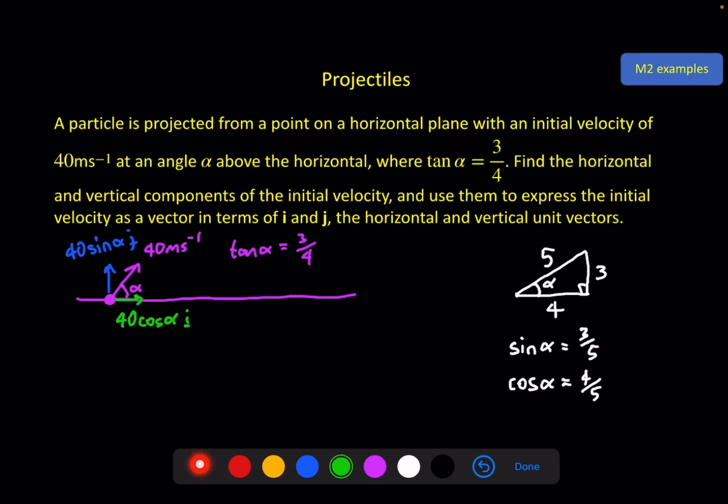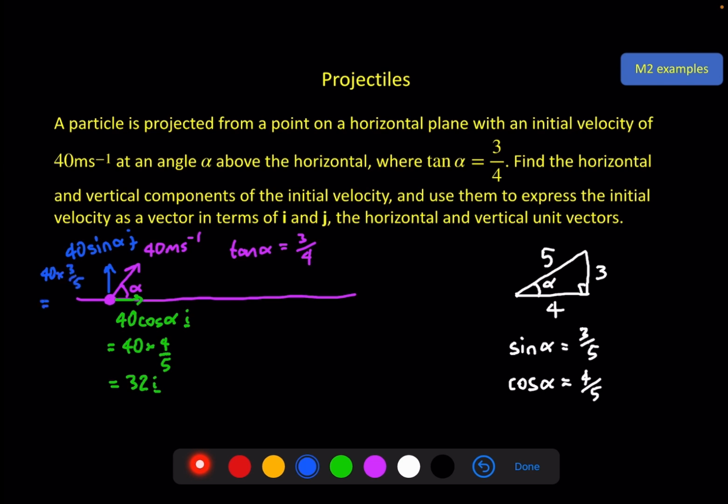So I can put that in here. So this is 40 times the cosine of alpha, which I know is 4/5, which gives me a nice exact answer of 32 for the i component. In a similar way, sine of alpha is 3/5, so up here it's 40 times 3/5.